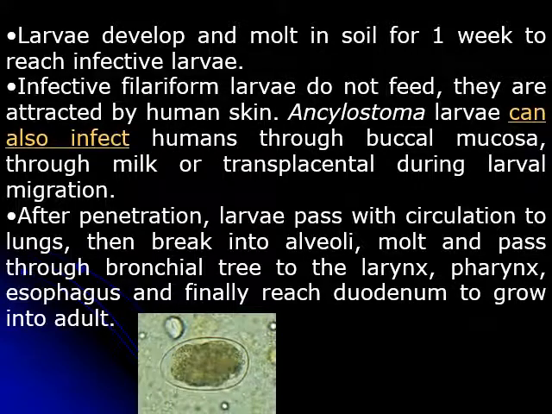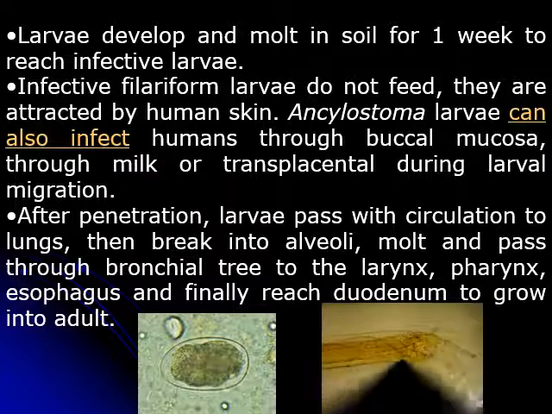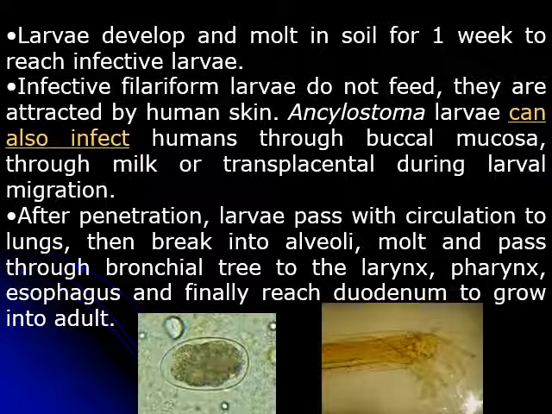This is the egg of Ankylostoma, and this is the male posterior end with widened bursa. Here is the male bursa supported by cuticular thickenings. We call them rays.